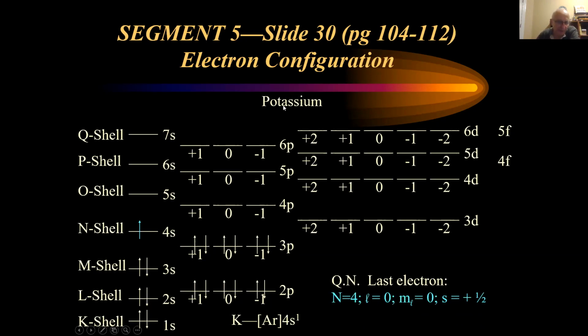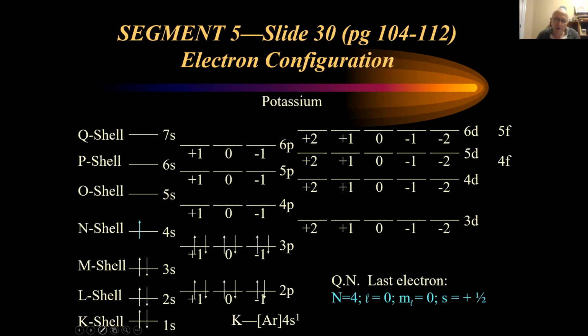So potassium is going to have now an argon core, and that's all of these electrons. So you see, instead of having to go in here and go 1s2, 2s2, 2p+1 with 2, 2p0 with 2, 2p-1 with 2, 3s with 2, 3p+1 with 2, 3p0 with 2, 3p-1 with 2, and 4s1, you get to that valence electron.